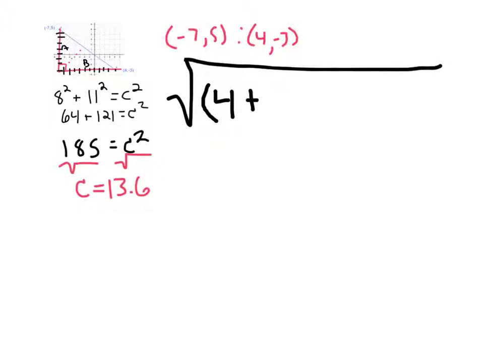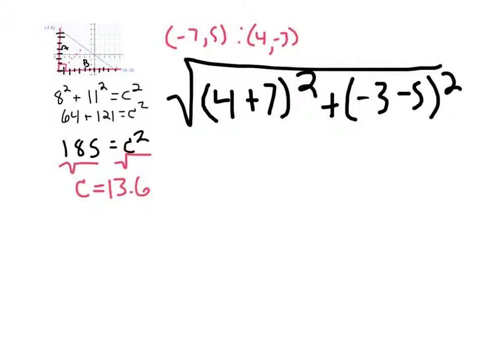So that's the same as 4 plus 7 squared. And y2 minus y1, y2 is our negative 3 minus 5 squared. And what we end up with here is 11 squared plus negative 8 squared.